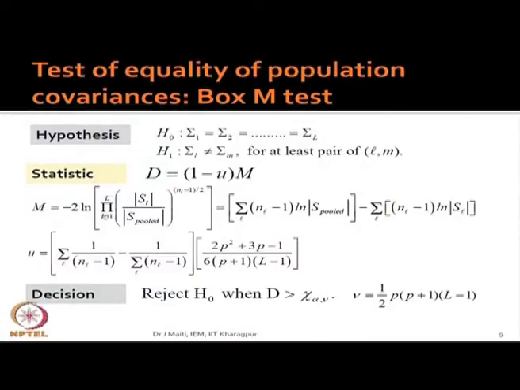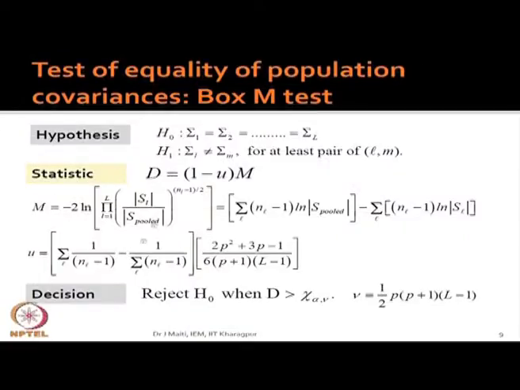Now again you see the formula. If your sigma 1 equal to sigma 2 equal to sigma L, then your S pooled will be equal to S 1 or S L in general terms. So that means the ratio of this determinant by this determinant will be 1.